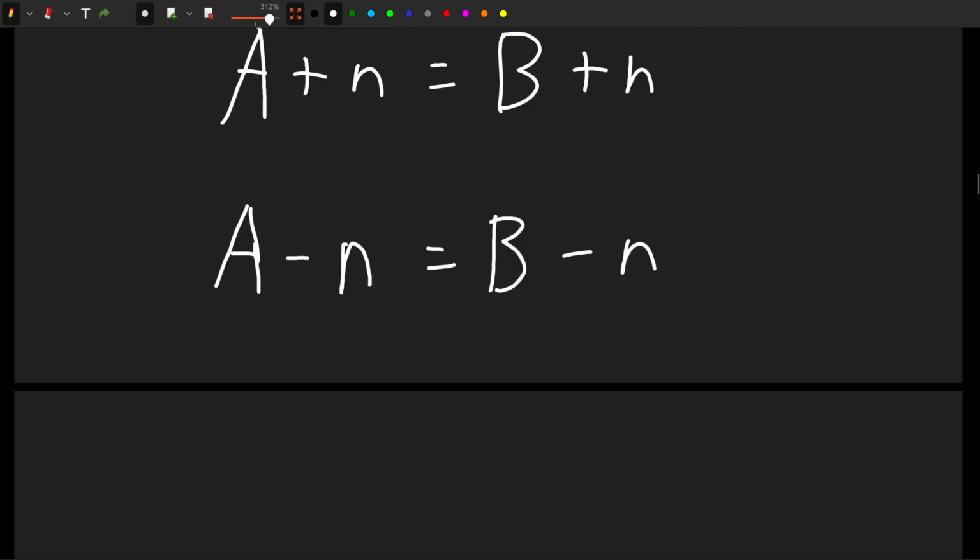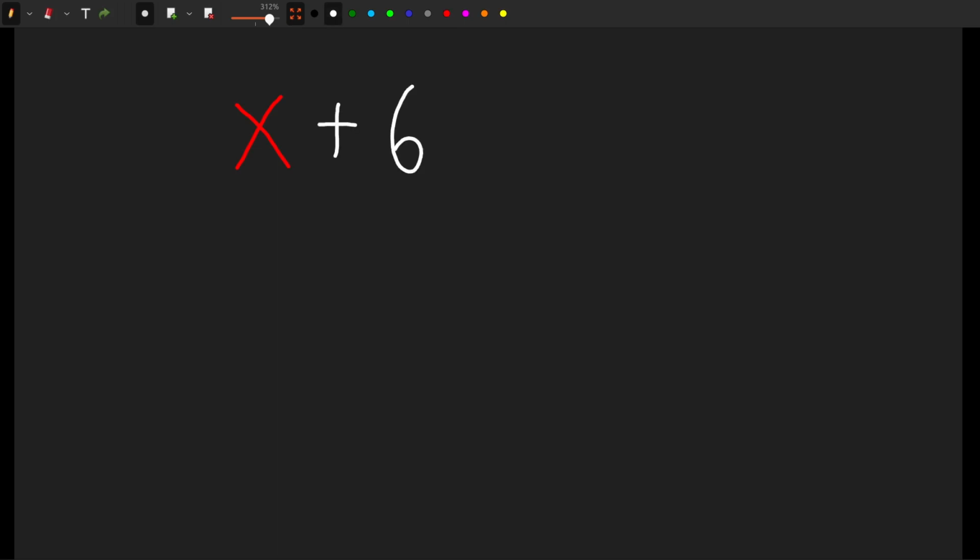A really quick example of that is suppose we have the problem x plus 6 is equal to 15. What I can do is subtract 6 from both sides.